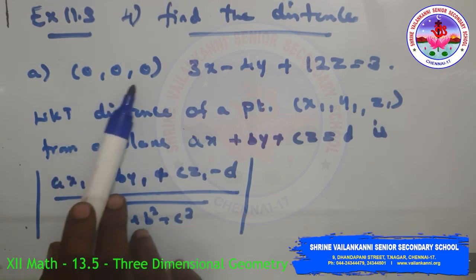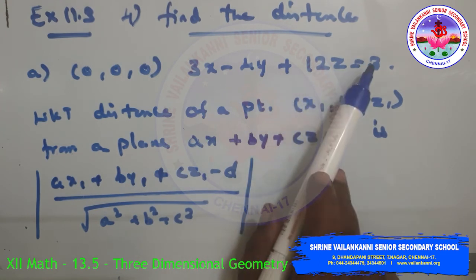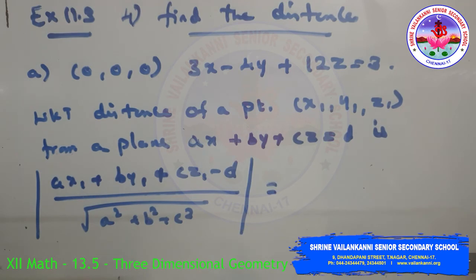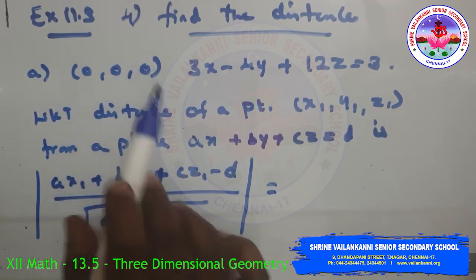The point is 0, 0, 0 and the plane is given as 3x minus 4y plus 12z equal to 3. The point x1, y1, z1 are 0, 0, 0.